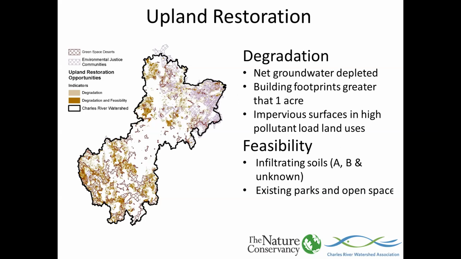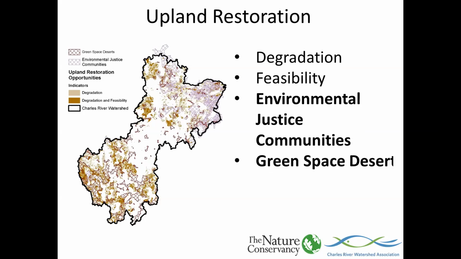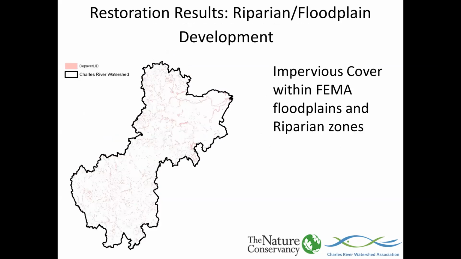That won't go for all cases, but it's certainly a place to possibly start looking. And then on this piece, we did also bring in environmental justice, the EPA layer, and then we created a green space desert layer, which basically just looks at areas that are more than a quarter mile from a green space, open space. So areas that are in need of green space and open space.